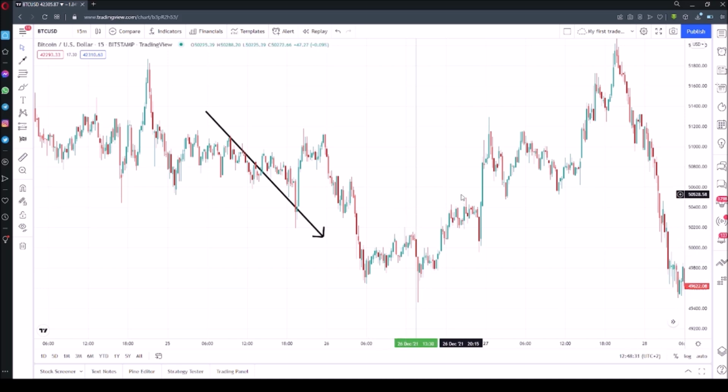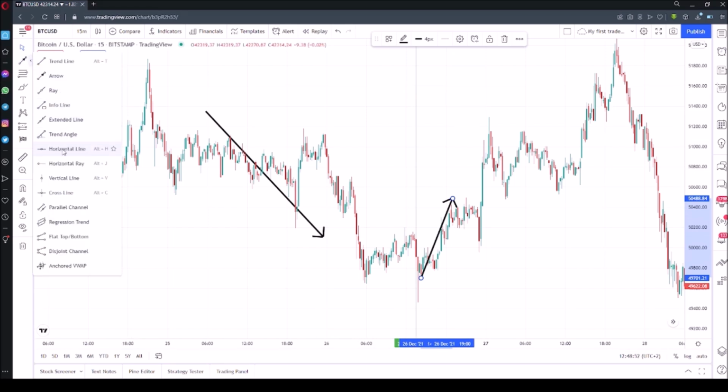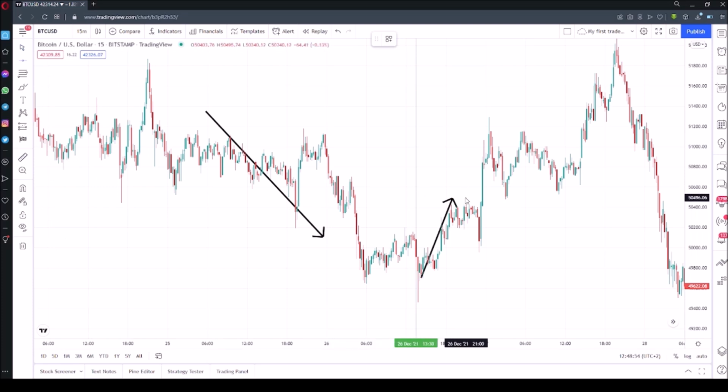Then we broke that. After breaking that last lower high, we had a hint that we are now probably in a new trend. Creation of this new high, and after we create that new high, that is where we were saying it is the zone of market interest.